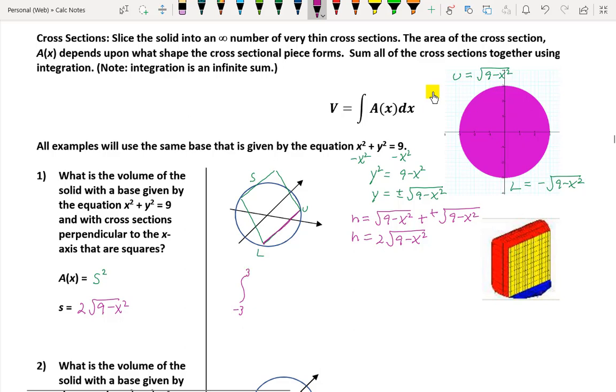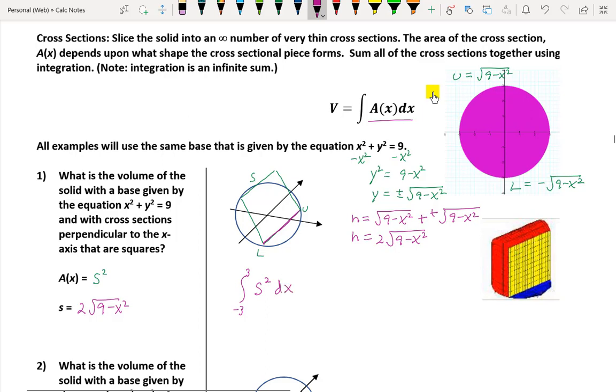And we're going to do the integral of A of x. In the picture up top, A of x is the area of whatever shape you're dealing with. Our shape in this case is a square, so it would be s squared. So just so you can see this, I'm going to do s squared dx.